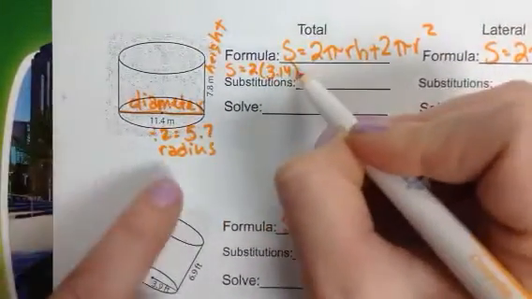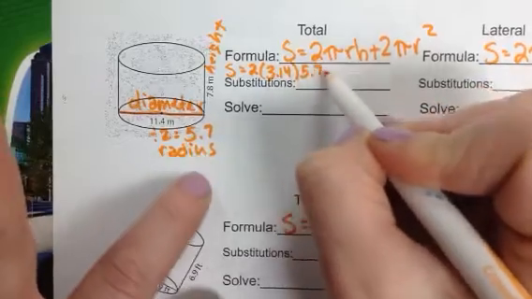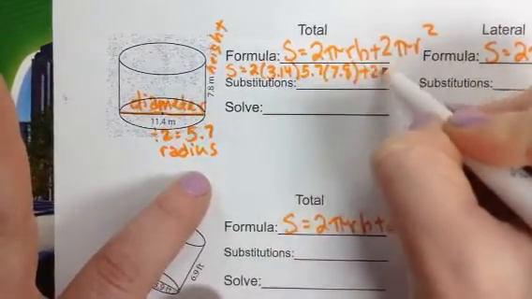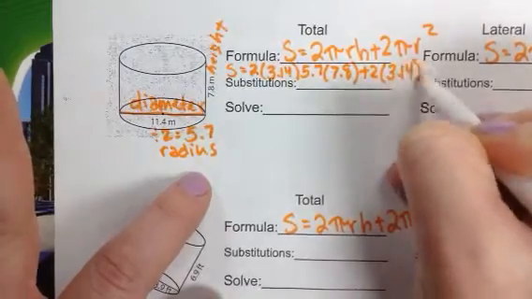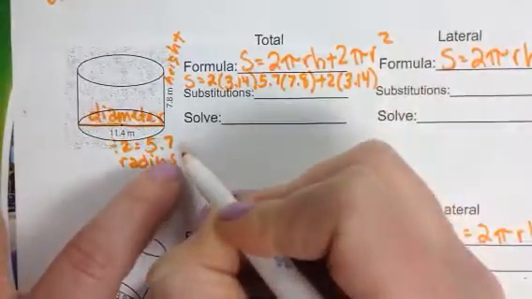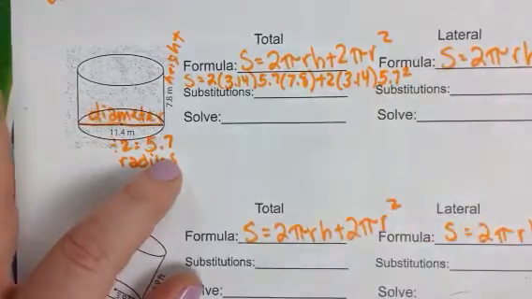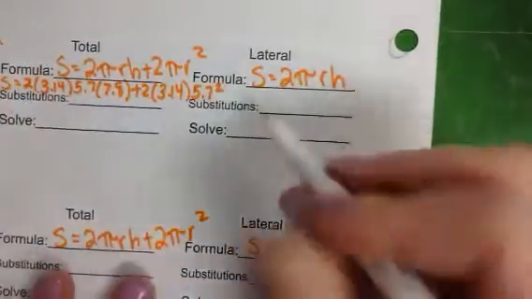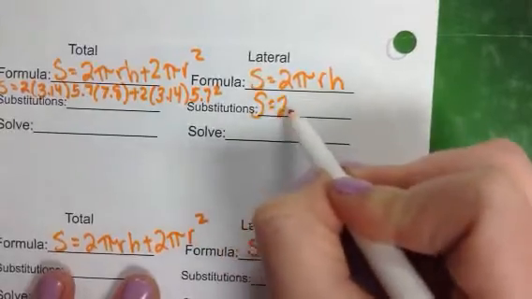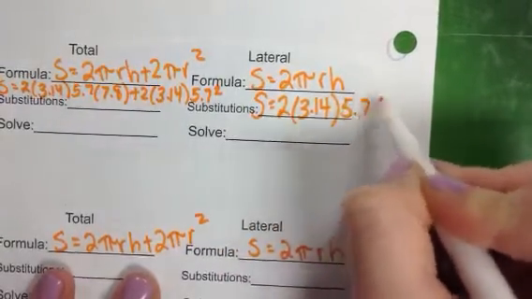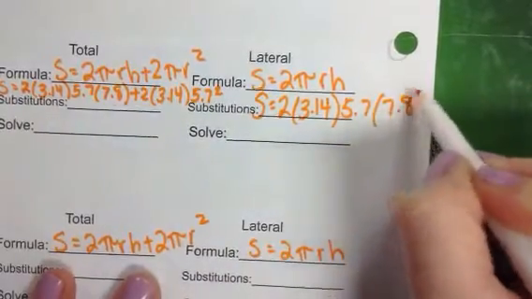Okay, I've got pi times my radius times the height plus 2 times 3.14 times 5.7 squared. On lateral, 2 times 3.14 times 5.7 times 7.8.